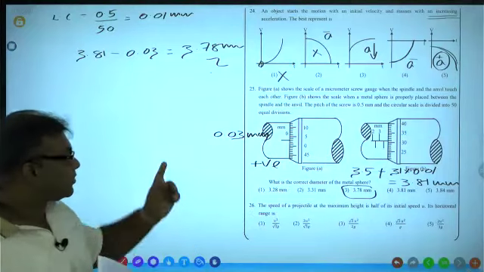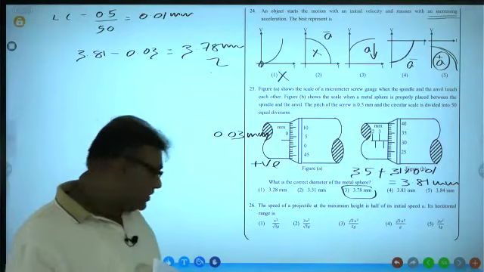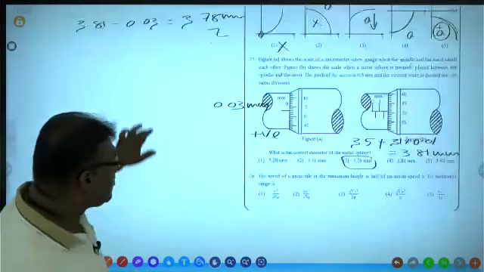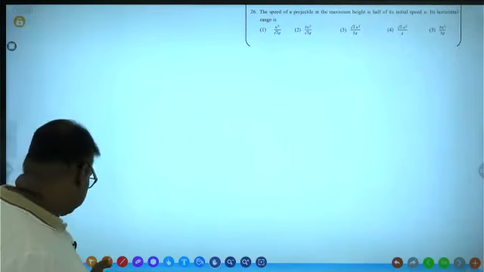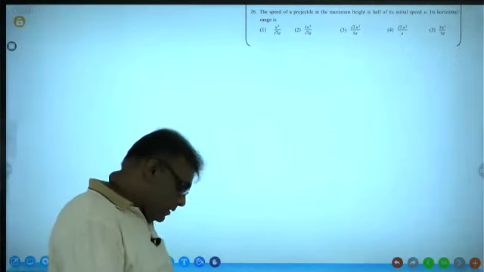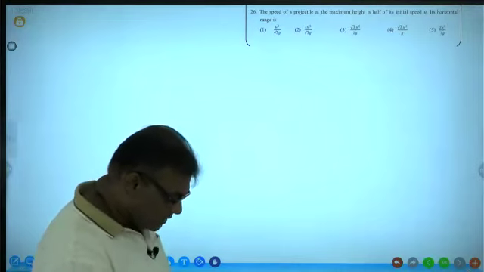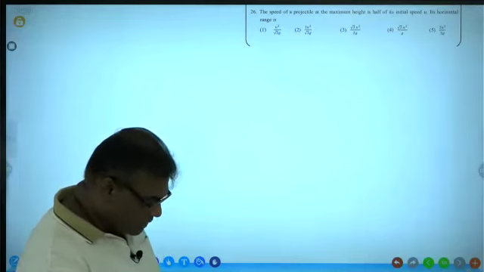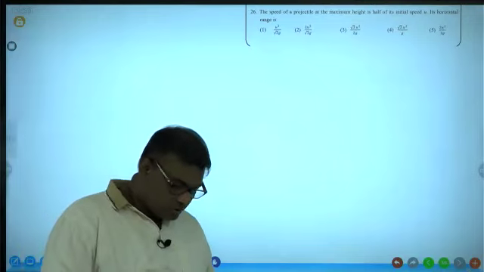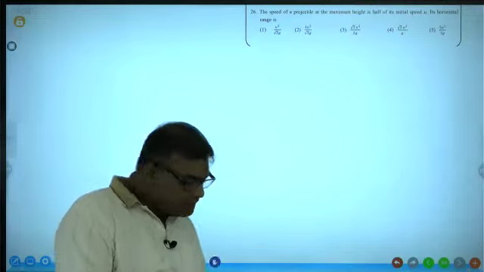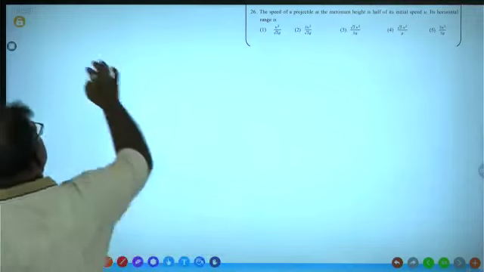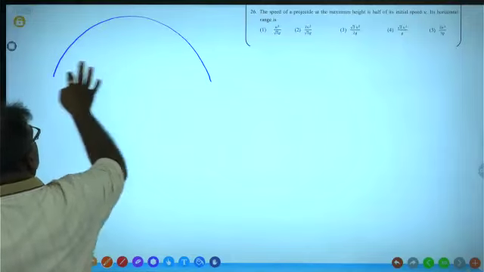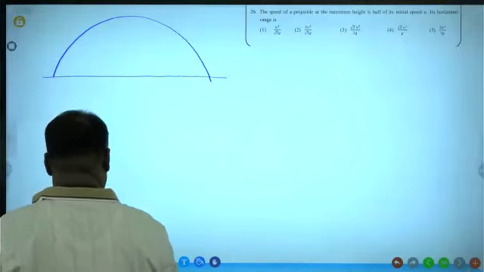Remember, positive zero error correction is negative. Number 26. Okay, what do you say? The speed of the projectile at the maximum height is half of its initial speed u. Its horizontal range is asked. The projectile motion is shown right here.